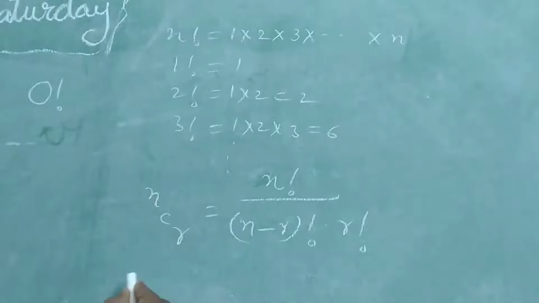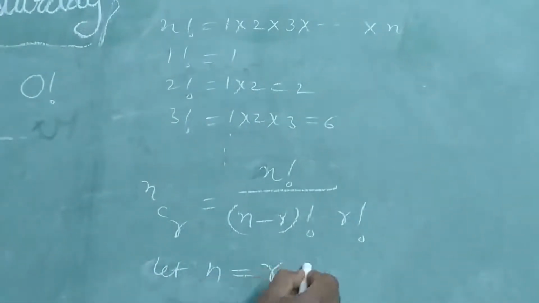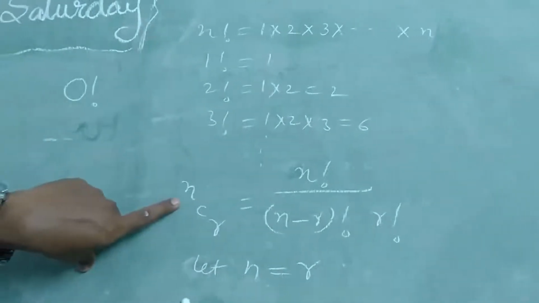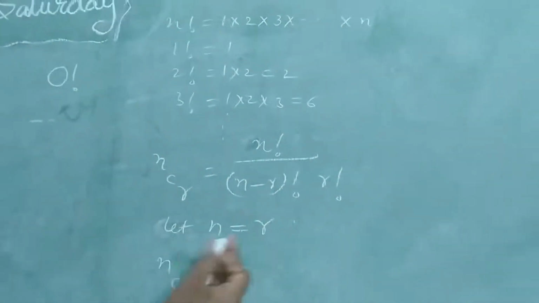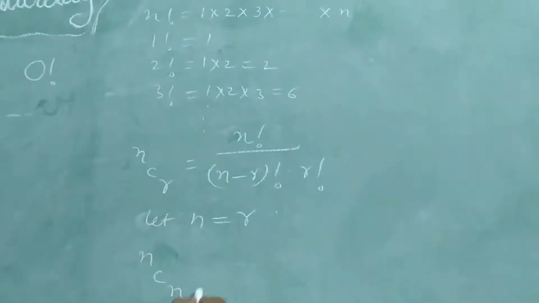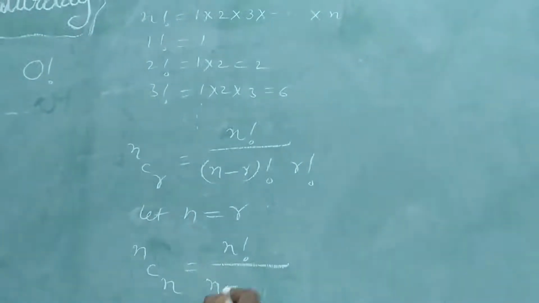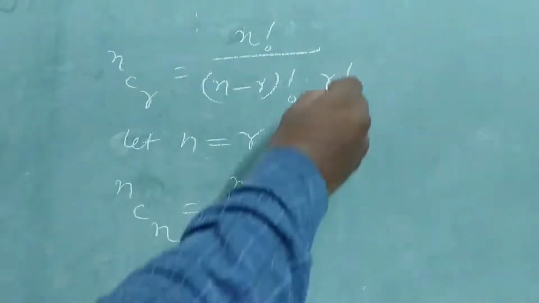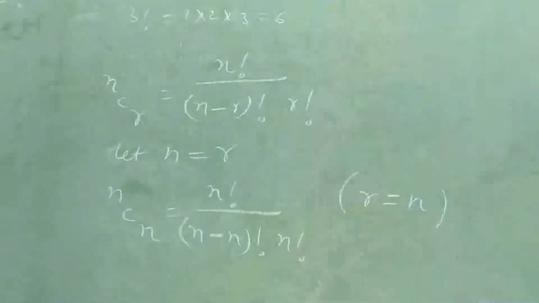In this formula, let n is equal to r, then it changes to nCn. I am replacing r with n, no problem. nCn is equal to n factorial by (n minus n) factorial into n factorial. Here I have replaced r with n.